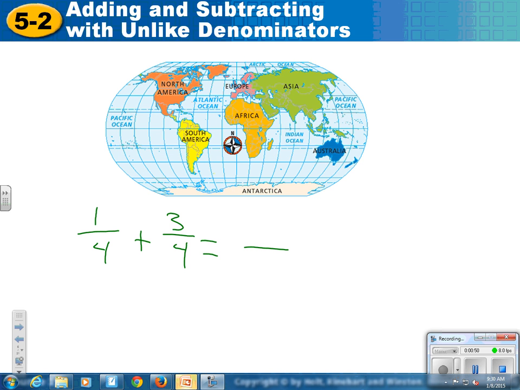And it always stays the same, so our answer is going to be over 4, and all you do is add the numerators. 1 plus 3 is what? 4. And then we would look at that answer and we reduce it. And what is 4 over 4 reduced to? 1? Okay. Very simple.